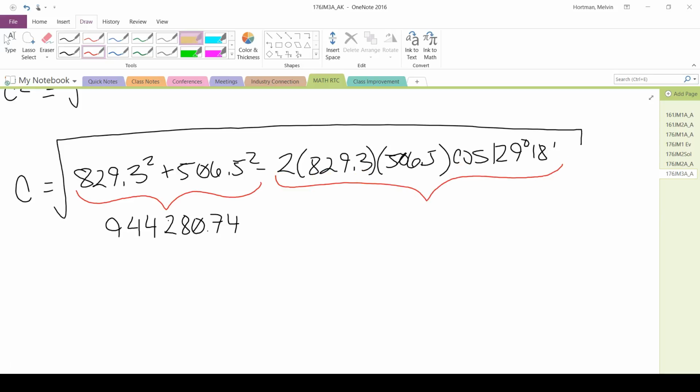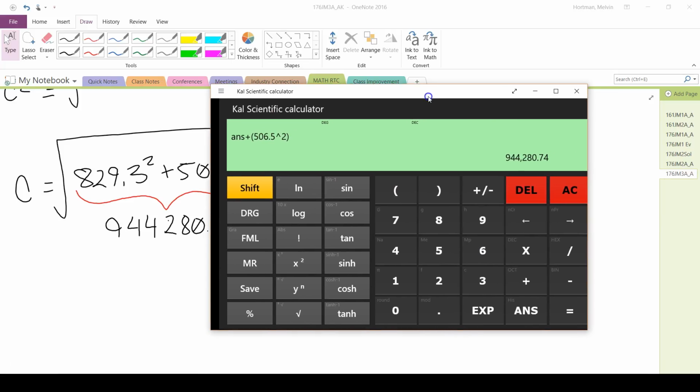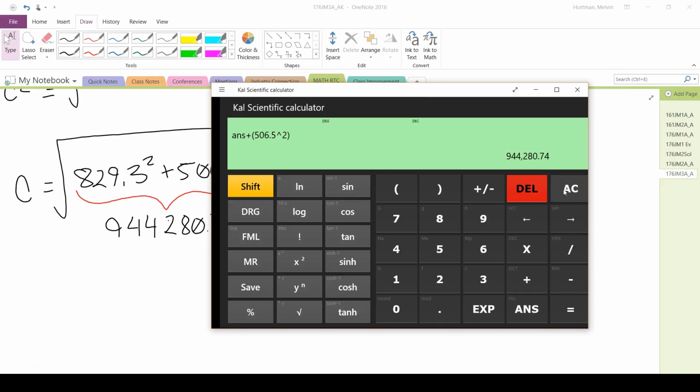But before we do this side, we need to convert 129 18 minutes to decimal degrees. This is easy since we don't have seconds. There are 60 minutes in a degree, so all I have to do is divide 18 by 60 to get the decimal equivalent of the minutes, and then add the degrees. I get 129.3.